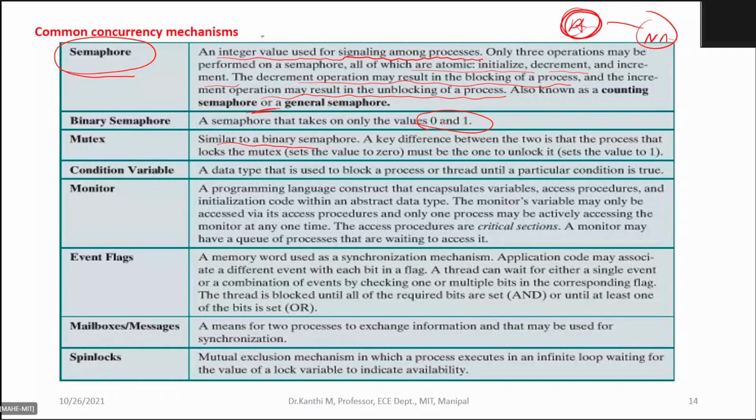In the mutex you have lock and unlock. If you have the key, you lock it, and you yourself need to release it.